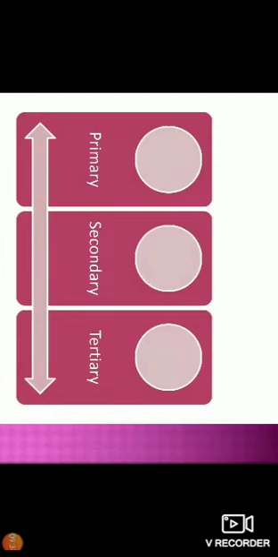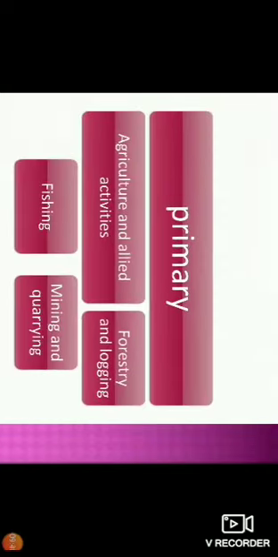The three important sectors are the primary sector, secondary sector, and tertiary sector. In the primary sector, we have 4 subsectors: agriculture and allied activities, forestry and logging, fishing, mining and quarrying.